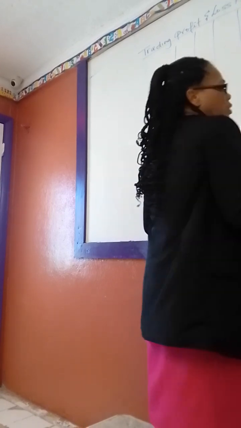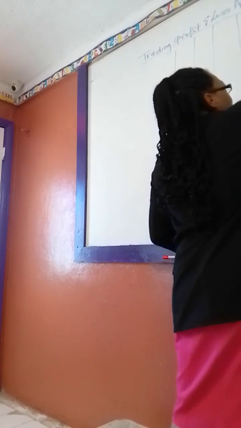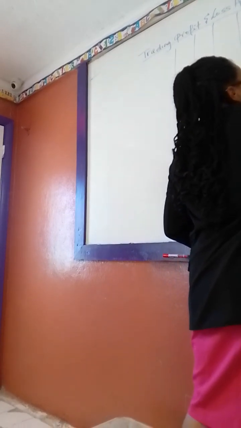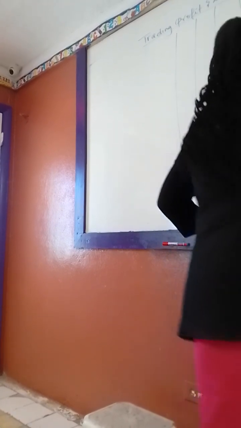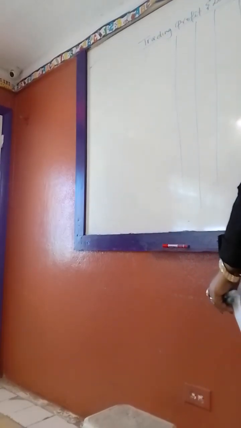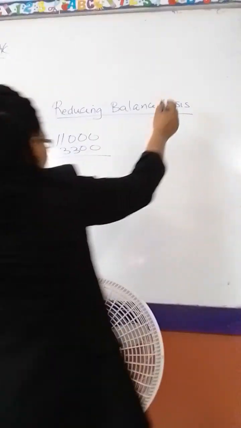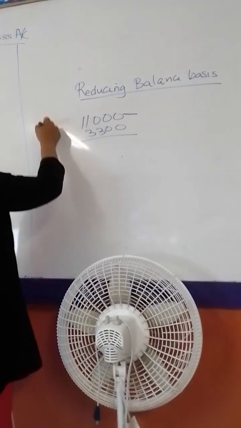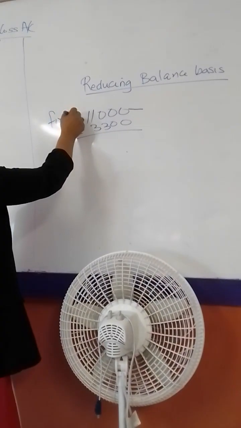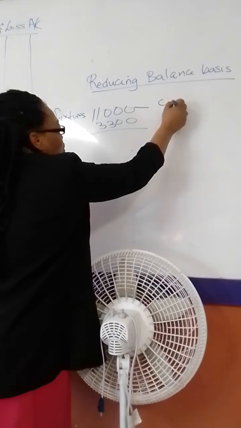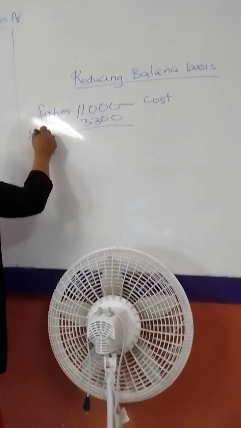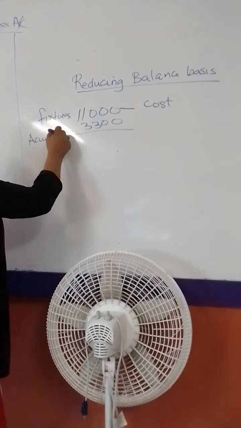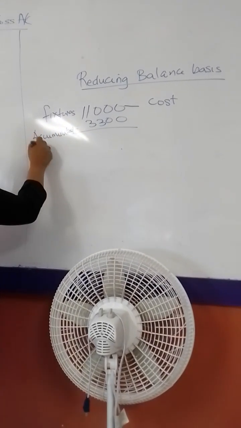What am I going to be left with? We're talking about reducing balance basis for depreciation. This was my fixtures at cost, and this was my accumulated depreciation right here.